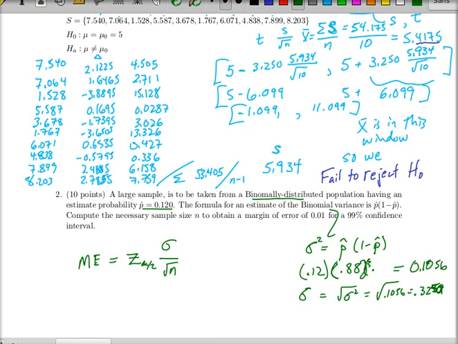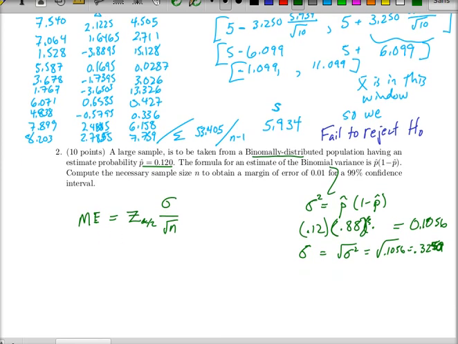So let's do the algebraic jumbling first rather than last. Let's put the square root of n over here and put the z alpha over 2 sigma over the margin of error over there. And then let's go ahead and square it, and n has got to be greater than or equal to z alpha over 2 squared sigma squared over margin of error squared.